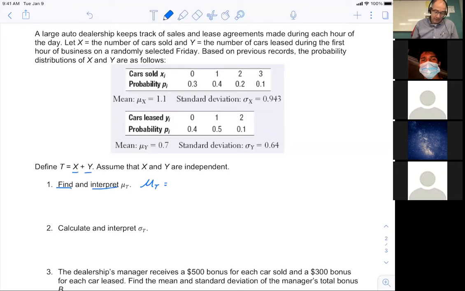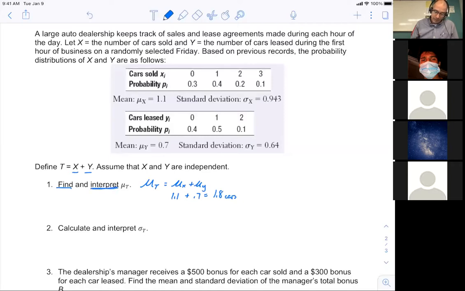So that means that the mean of T is going to be the mean of X plus the mean of Y. And so that is going to be, 1.1 was the X mean, 0.7 was the Y mean, so 1.8. We can go ahead and write in cars, but it wanted us to find and interpret. So that was the second thing.